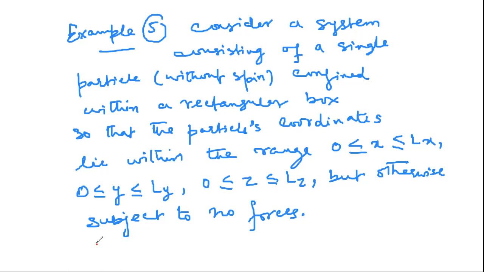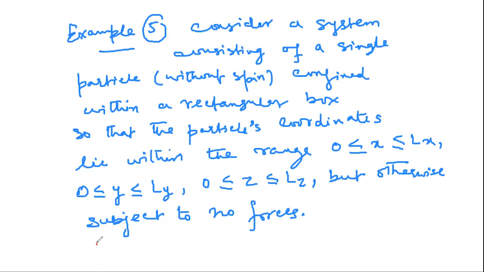So our particle is in a box, restricted to stay in the box, and that restriction is specified by the restriction on its x, y, and z coordinates. But inside the box, it is free. There are no forces acting on it. Now, how do we specify quantum mechanically the states of such a particle?